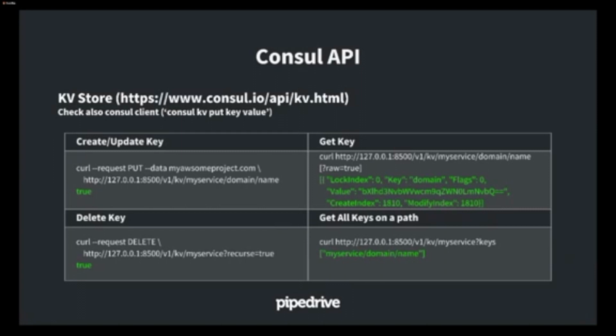I can also delete keys and get all the keys existing on a path, but this only gives the names of the keys, doesn't give all the values. So you need to iterate over them all. We'll see that there is an easier way to fetch all keys on a subtree of Consul key value.